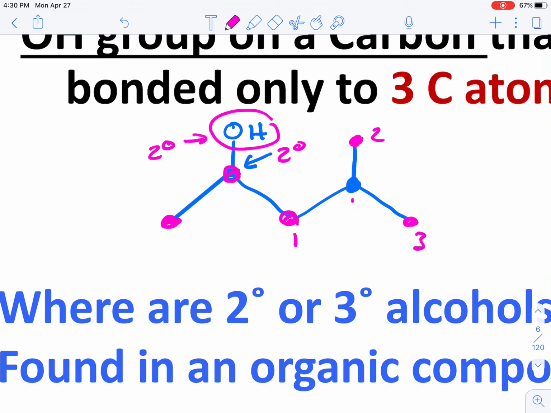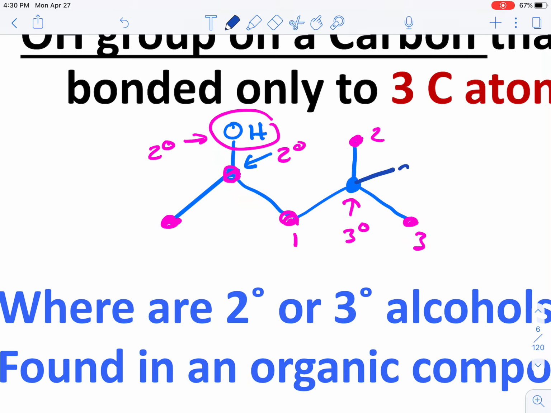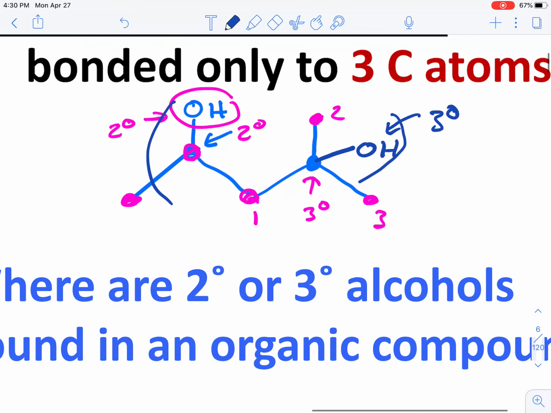And so this carbon would be considered a tertiary carbon. And if there was an alcohol attached to this, it would make this alcohol a tertiary alcohol. But once again, notice that it's typically embedded within the molecule and it's not found on the terminal ends of an organic compound.